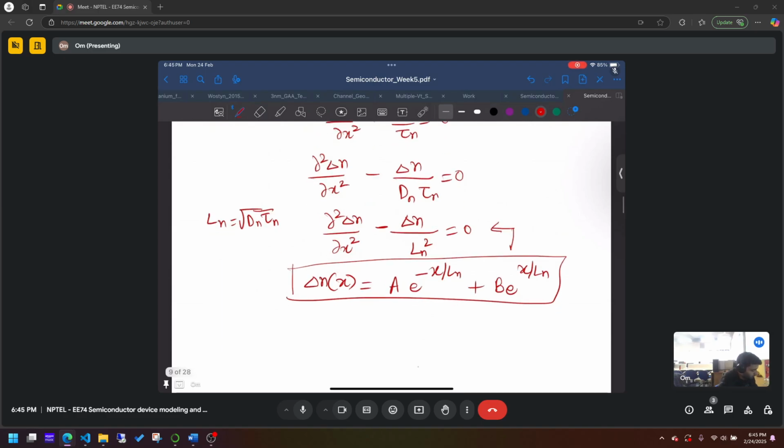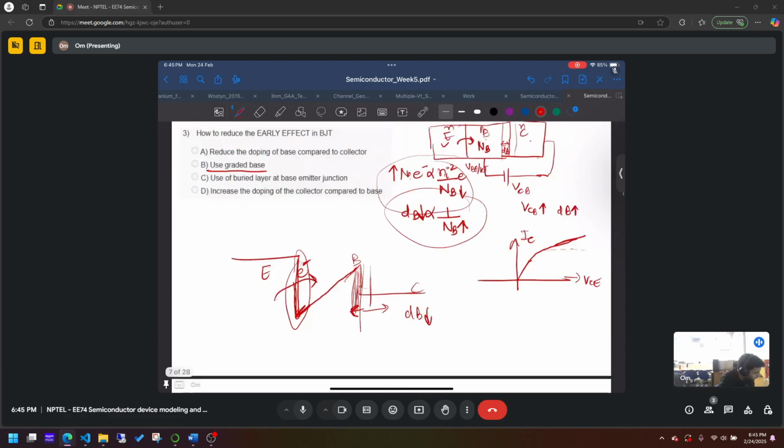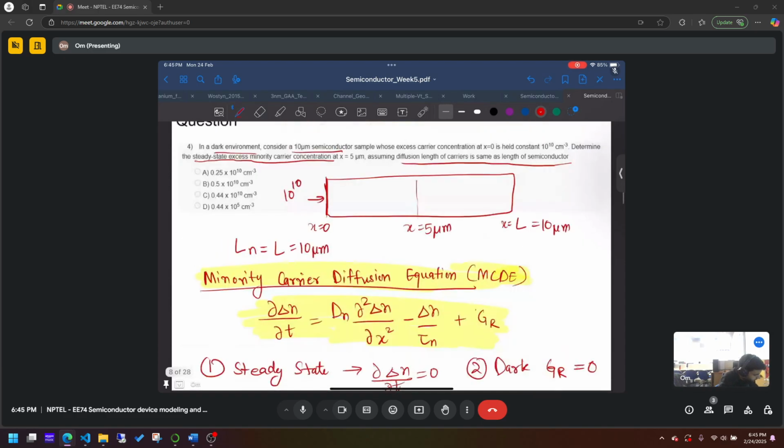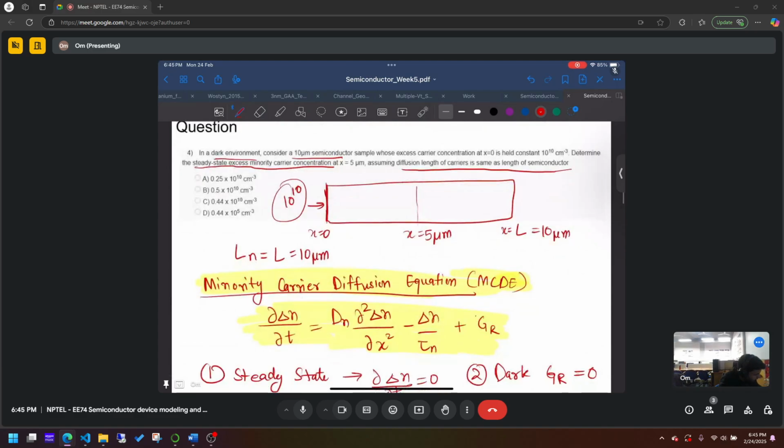So now we know the boundary conditions. Delta n at 0 is fixed at 10 to the power 10. It is held at 10 to the power 10. And since the diffusion length of carriers is the same as the length of the semiconductor, all the carriers diffuse and recombine till they reach the end. So at L equal to 10, the concentration is 0.